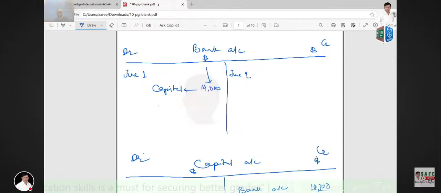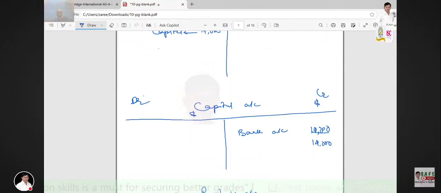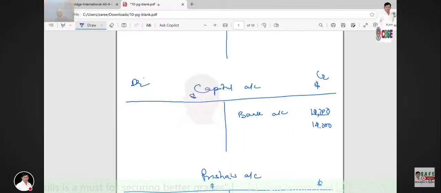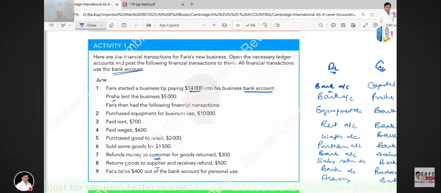So when we write here, the entry is complete. So what is the next entry? Bank account debit, from Prisha. Again, as I told you, bank account is debited.